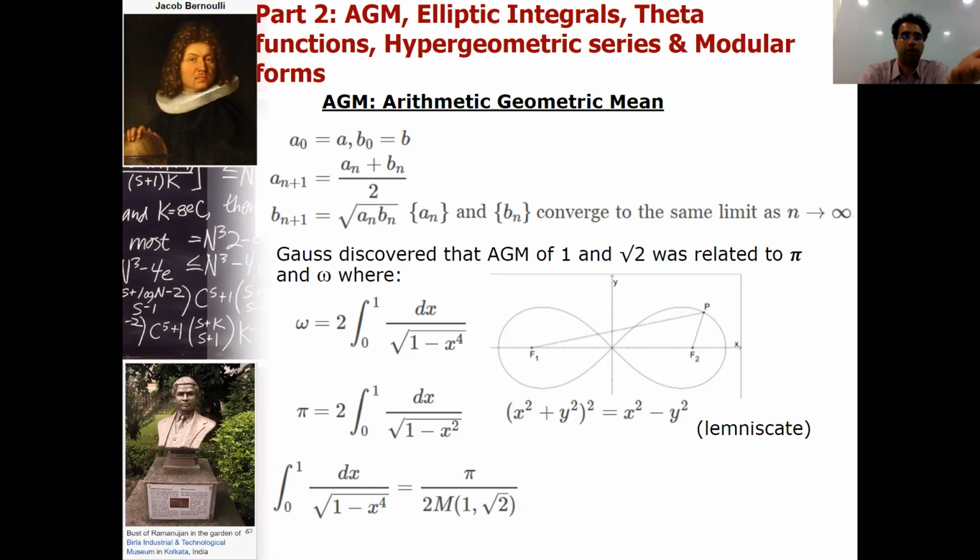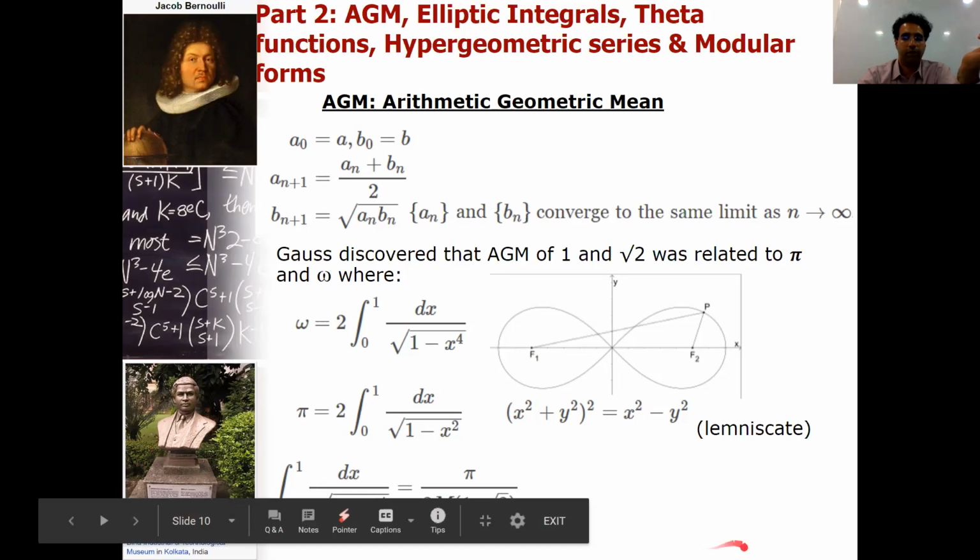So we define a_(n+1) as (a_n + b_n)/2, and b_(n+1) as the square root of a_n and b_n.